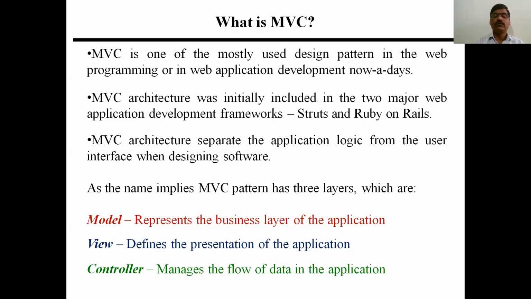Just now we have seen the three layers. Model, which represents the business layer of the application. That is, the business logic is implemented in the model layer. And then the second one is view. This view layer defines the presentation layer of the application. So presentation layer means how the user can see the output or the response.